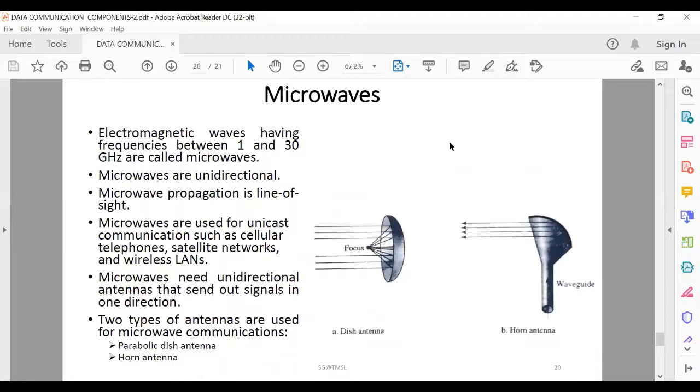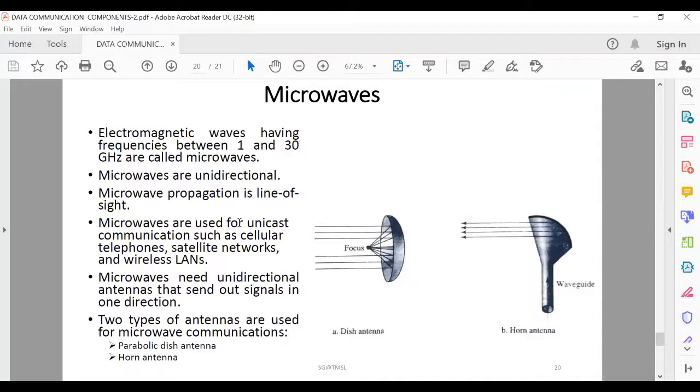This microwave propagation is line of sight, since the towers with the mounted antennas need to be in direct sight of each other. Towers that are far apart need to be very tall. The curvature of the earth as well as other blocking obstacles do not allow two short towers to communicate using microwaves.